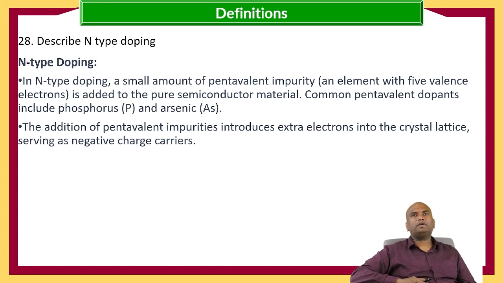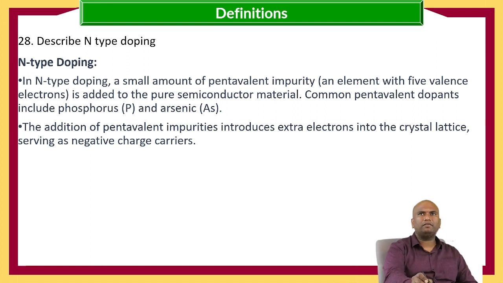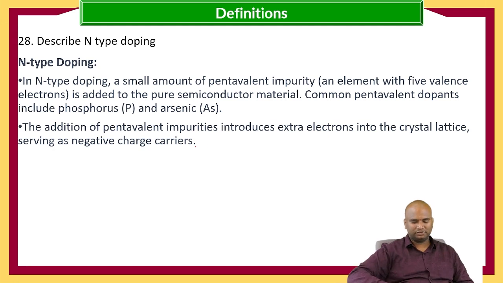The addition of pentavalent impurities introduces extra electrons into the crystal lattice, serving as negative charge carriers.